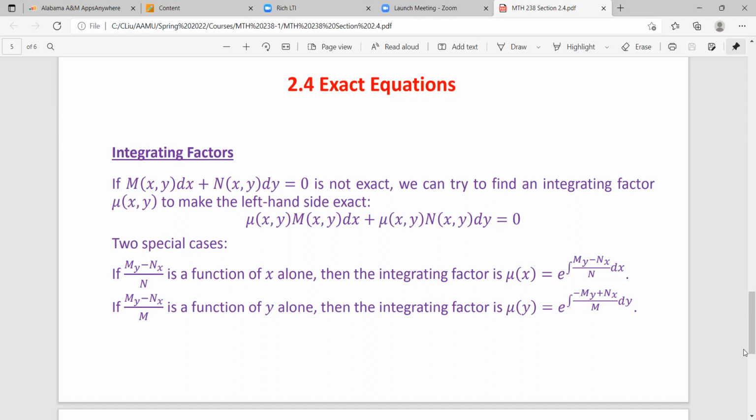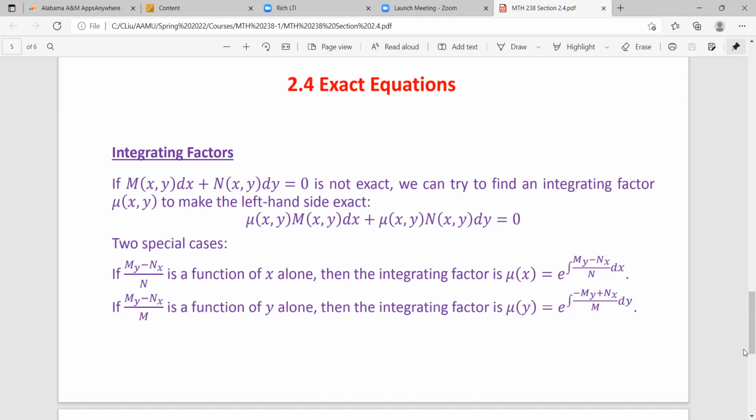These are the notations. Then divide by N. If that is a function of x alone, then the integrating factor will be e to the integral of (partial M partial y minus partial N partial x) over N dx. So that's the first case.